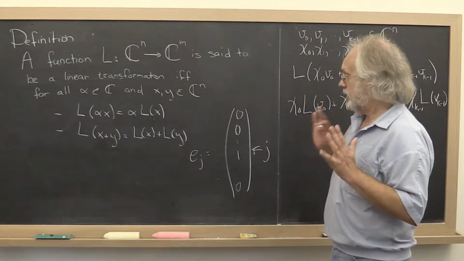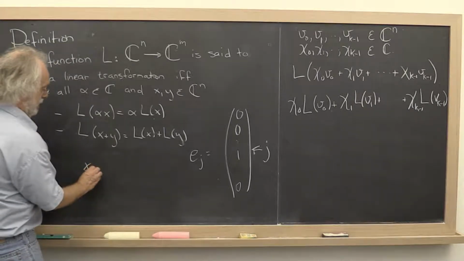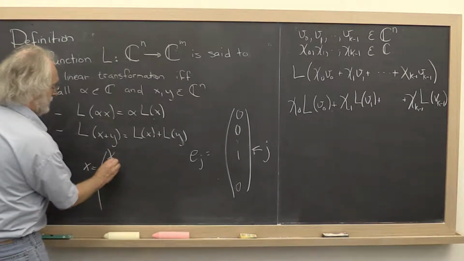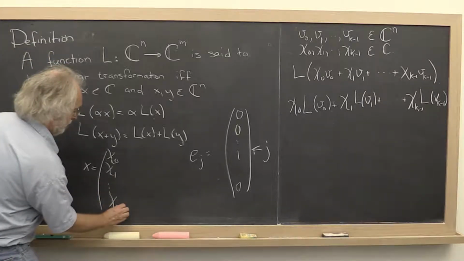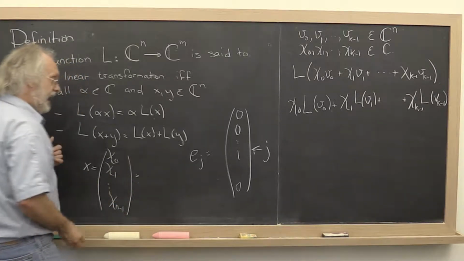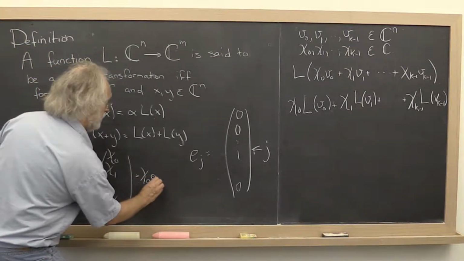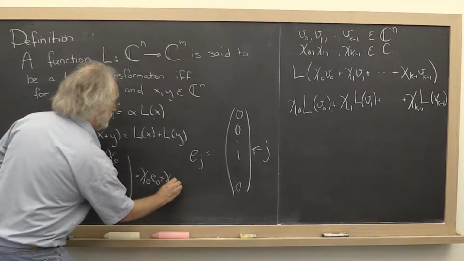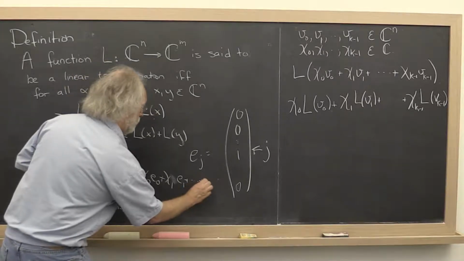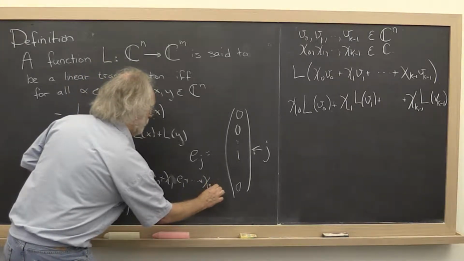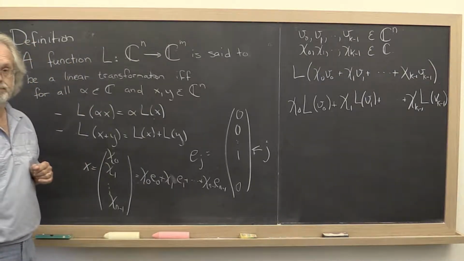Now, importantly, any vector x, if you expose its components, can be written as the linear combination of the standard basis vectors. That's pretty obvious.